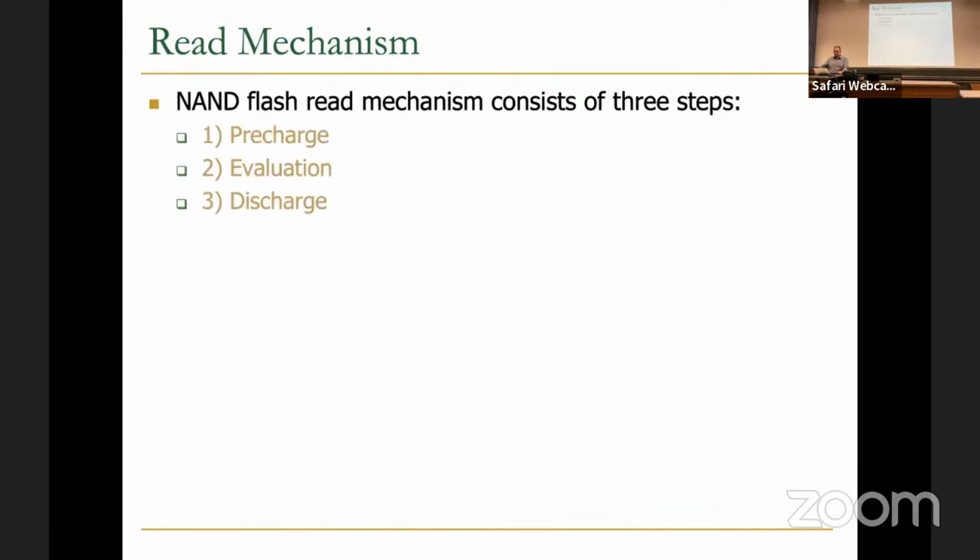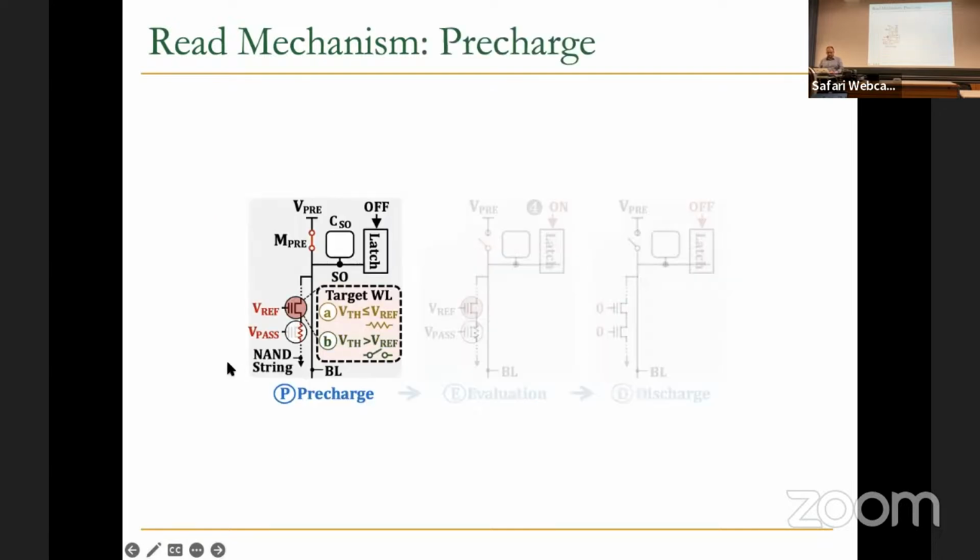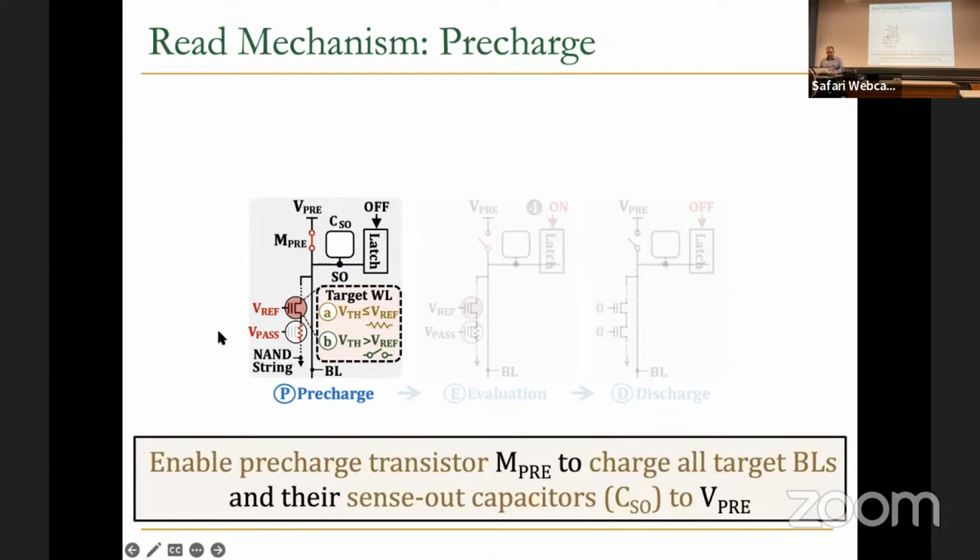So now I want to give you a little bit more information about how the sensing circuitry in the flash memory works. NAND flash read mechanism consists of 3 steps: pre-charge, evaluation, and discharge. So in pre-charge, you need to pre-charge the bit line to the VCC, and there is also a transistor here that connects the bit lines to the pre-charge voltage.